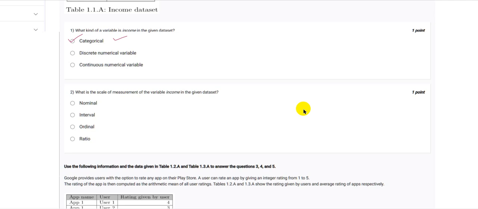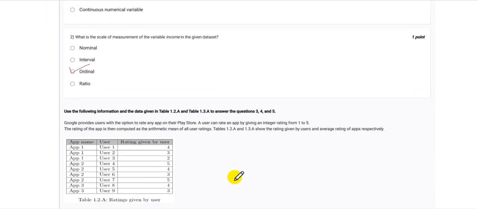So here we are asked about the income variable, and we can clearly see an order is present, so it is ordinal. This is our right option. Okay. Next question.